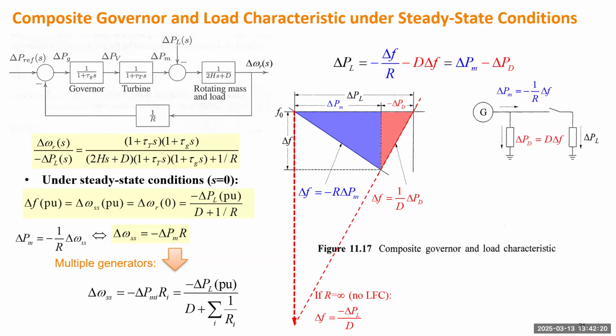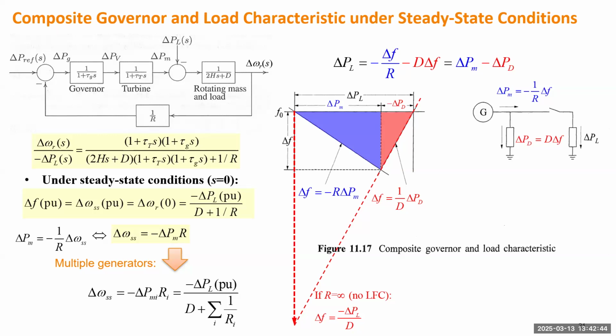So when R equals infinite, which means this line will become vertical. So I push the boundary between the blue and the red to the left to make this right triangle to be this one, right? It's still similar with the same slope. But now the frequency deviation becomes really huge without load frequency control.